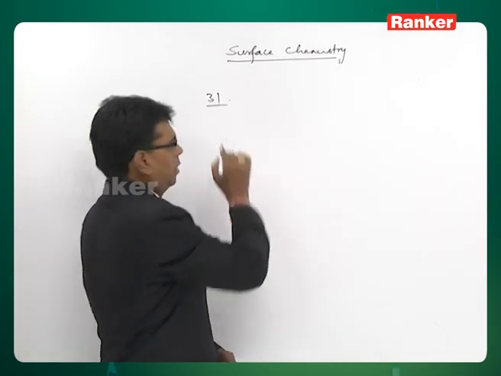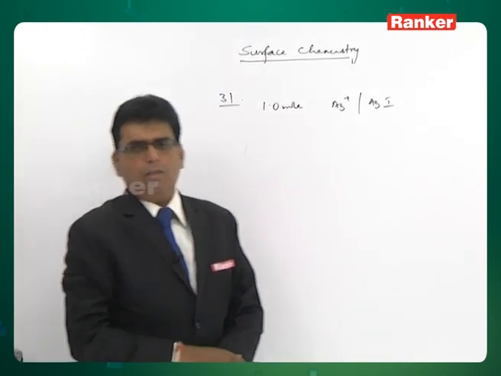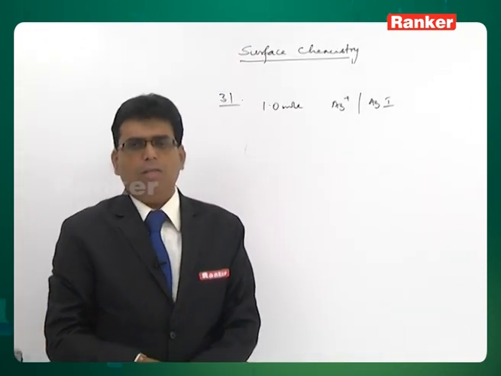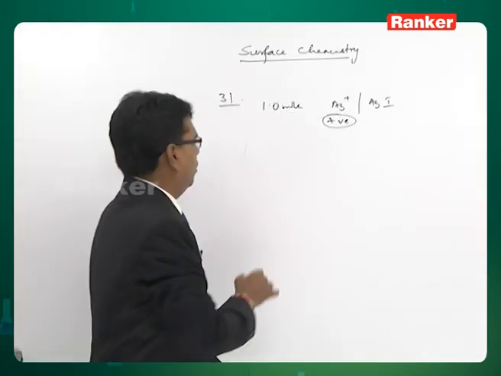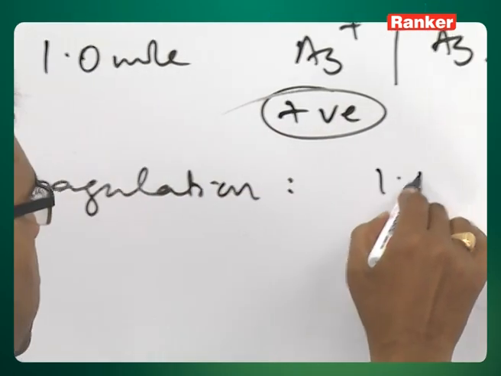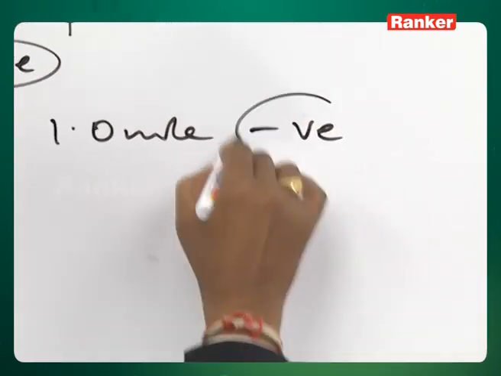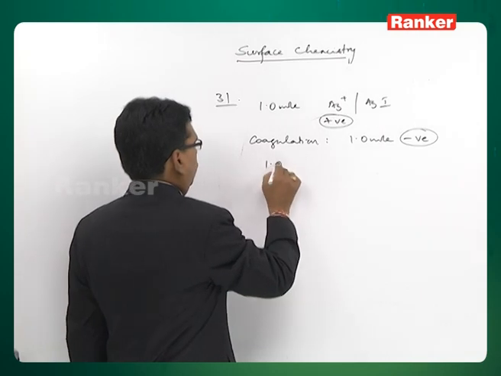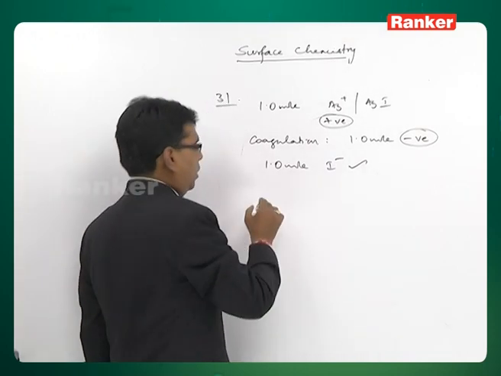Now, in question number 31, what is given is 1 mole of Ag plus AgI. For this, being a positive sol, for coagulation what we require is 1 equivalent of negative charge, that is 1 mole of I minus.